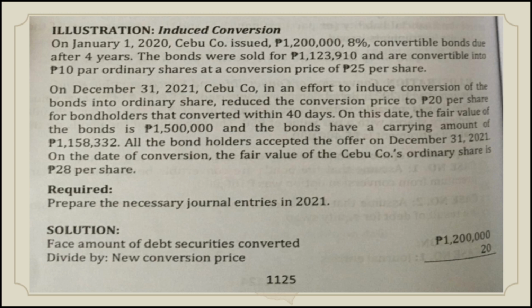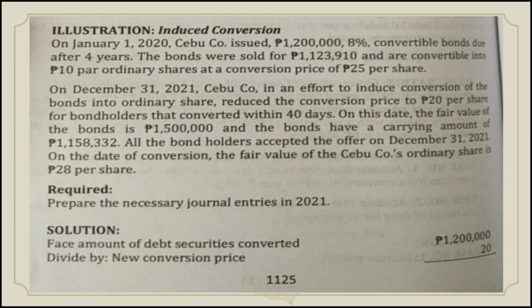So, di ba nakita nato ganina ang formula sa pagkuha sa mga amounts nga necessary for the journal entry sa induced conversion. Ang first natong computon is ang fair value of shares converted. So, para makuha nato ni, ang face amount sa debt securities nga converted ato siyang i-divide sa new conversion price.